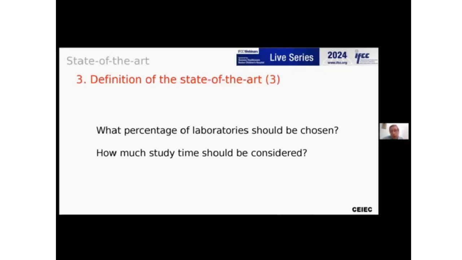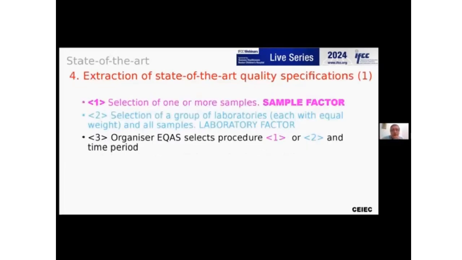This is called the sample factor. On the other hand, there is another possibility in which a group of laboratories is selected, each given the same importance regardless of the number of results or samples they process, and conclusions are drawn from the results they provide. We call this the laboratory factor.